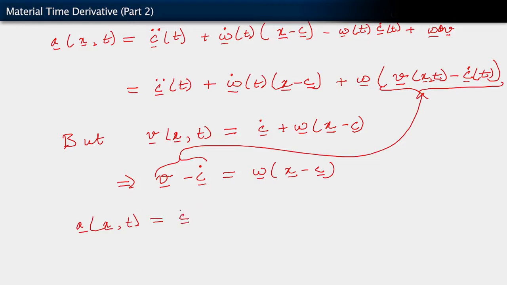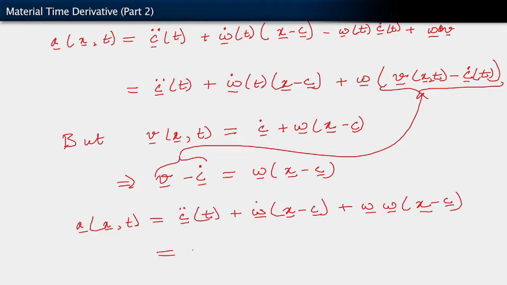C double dot function of time plus omega dot acting on x minus c plus omega omega x minus c. Okay? And as the very last step, recalling that the skew symmetric tensors omega as well as omega hat can be written as cross products of the corresponding vectors, the corresponding so-called, by the way, those are called polar vectors, anyway.